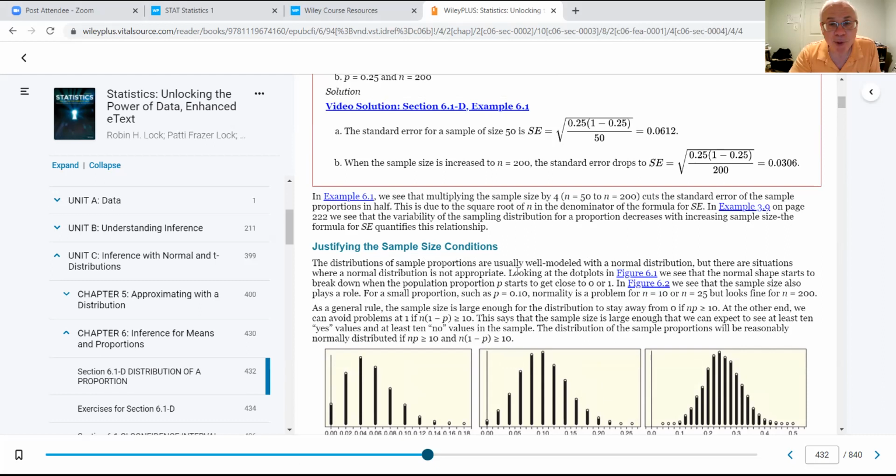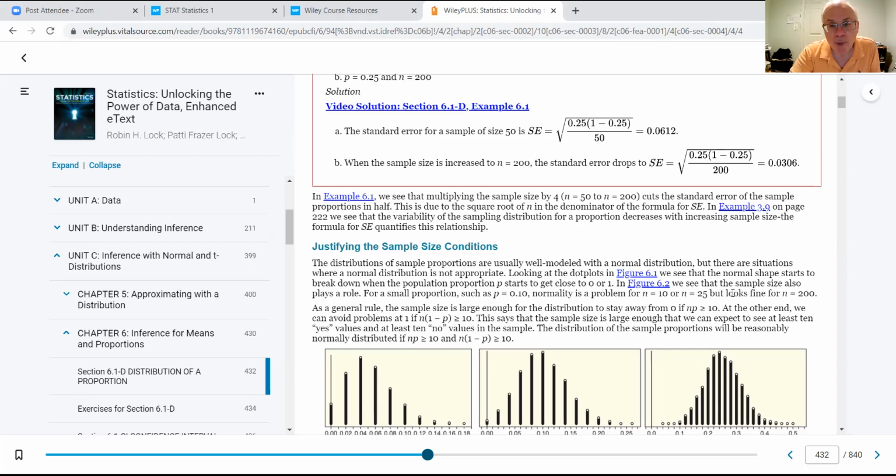Now, you might have remembered when we were doing the binomial, n times p is the mean of the binomial. Now, that's what we're calculating here, n times p. And so for example, if n is, let's say 10, and p is 0.25, then when we multiply 10 times 0.25, we get 2.5, all right?